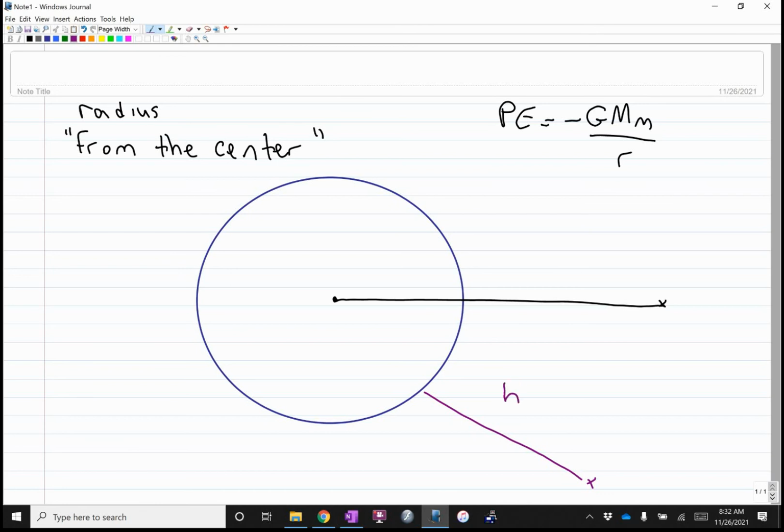If they use the word height or altitude, then I have to add the radius of the planet so that it's an actual radius distance from the center of the planet. So everything has to be from the center of the planet.